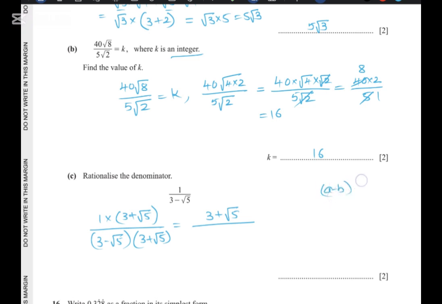A minus b into a plus b is a square minus b square. So you have to write 3 square minus root 5 whole square. So that will be 3 plus root 5 by 3 square is 9, and root 5 square, the root is cancelled and you get 5. So the answer will be 3 plus root 5 by 4. This is the answer.